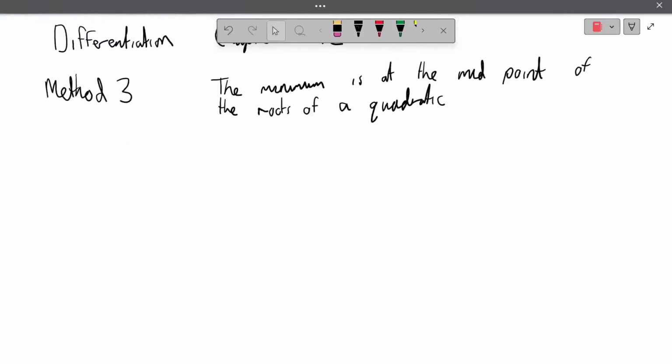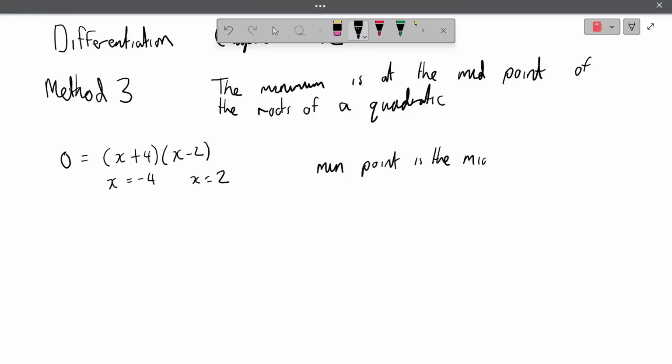So that's basically when you've got your 0 equals x plus 4, x minus 2. We had x equals minus 4 and x equals 2. The minimum point is the midpoint of x equals minus 4 and x equals 2.